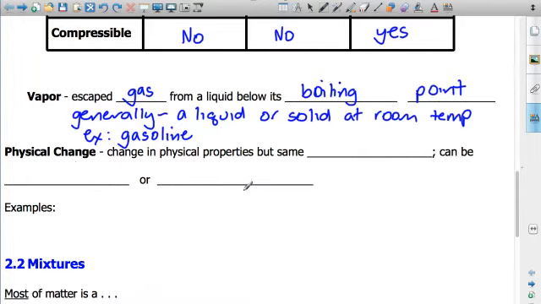A physical change is a change in physical properties, but it still has the same composition. A physical change can be reversible or irreversible.